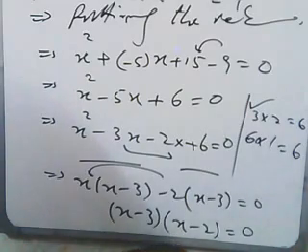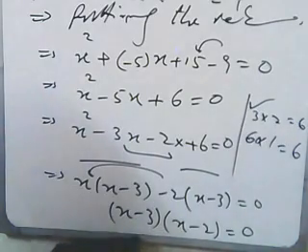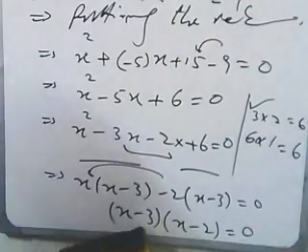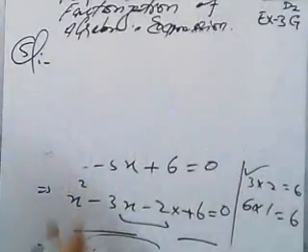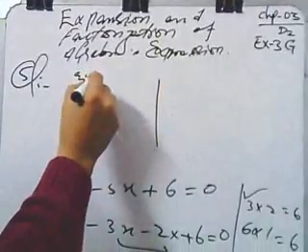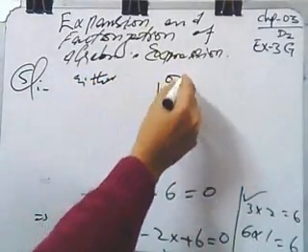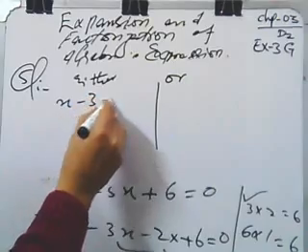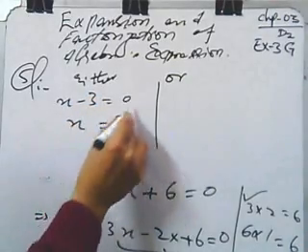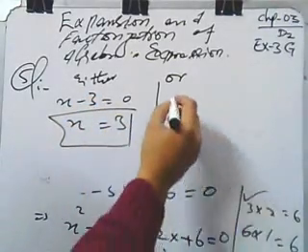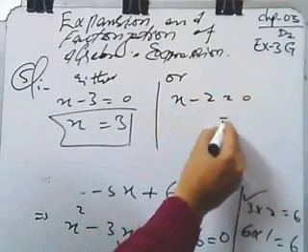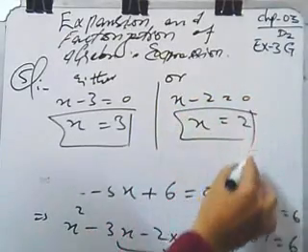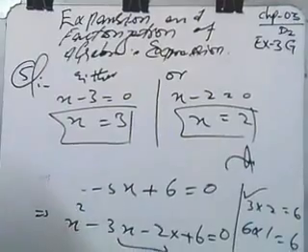Now we have to solve the question completely. So either x minus 3 is equal to 0, or x is equal to 3, and x minus 2 is equal to 0, so x is equal to 2. So here are the solutions.